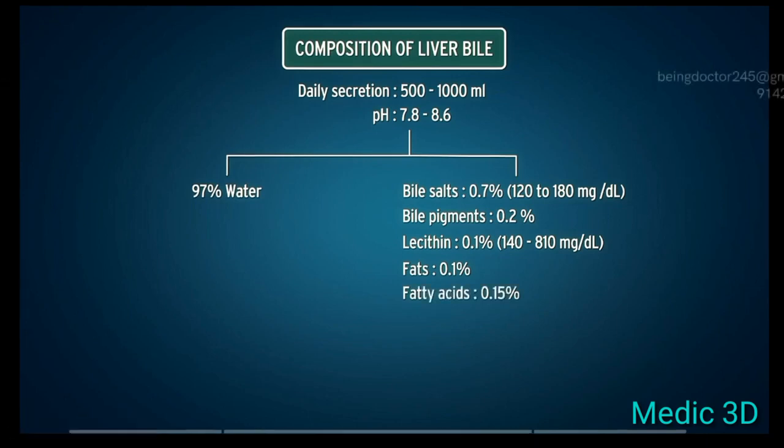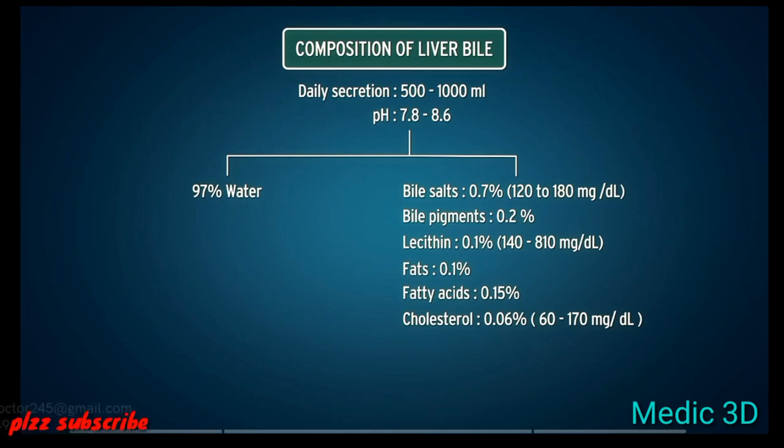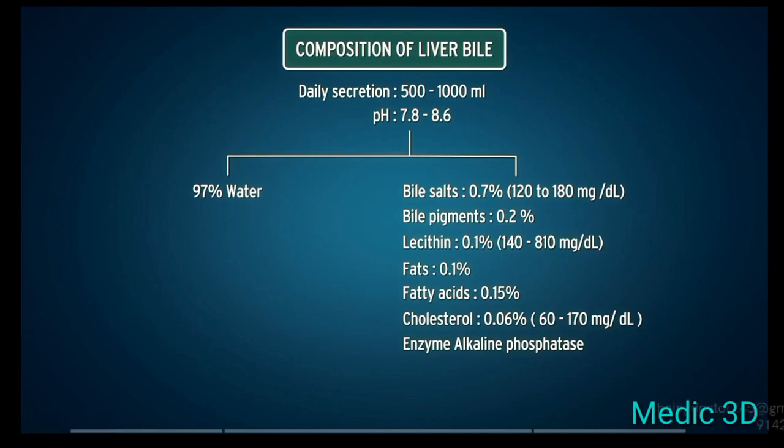Fatty acids 0.15%. Cholesterol 0.06%, 60 to 170 milligram per deciliter. Enzyme alkaline phosphatase helps in converting organic phosphate to free phosphate. Electrolytes 0.7%.